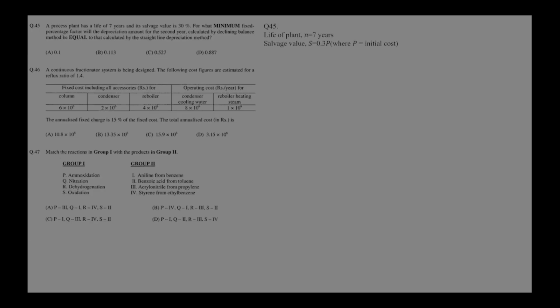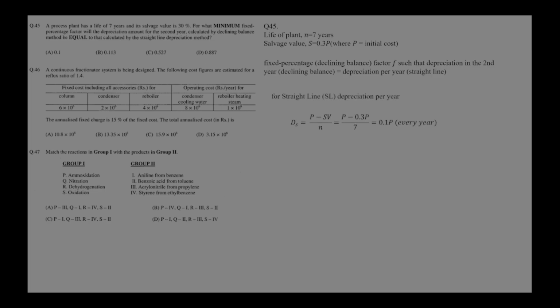So question 45. Life of plant n equal to 7 years, salvage value s equal to 0.3p. Fixed percentage factor for the second year is equal to the depreciation for a straight line in the second year. The straight line depreciation is constant every year. Declining balance method for the second year, this will be the depreciation. Make it equal.